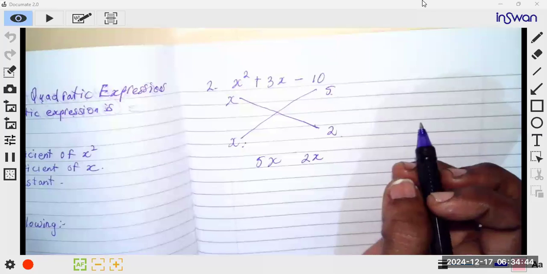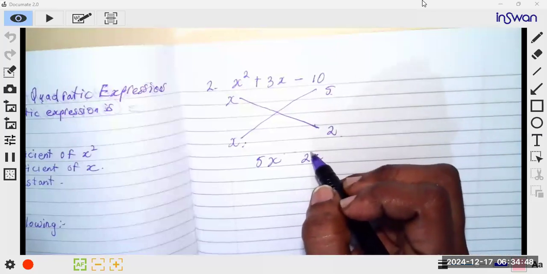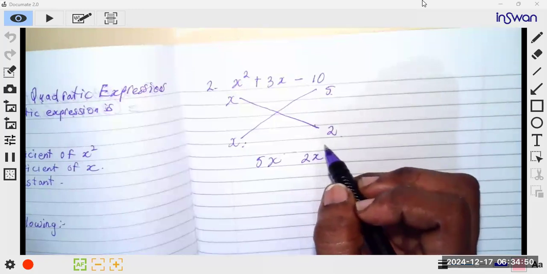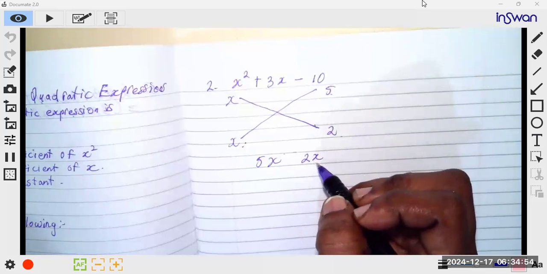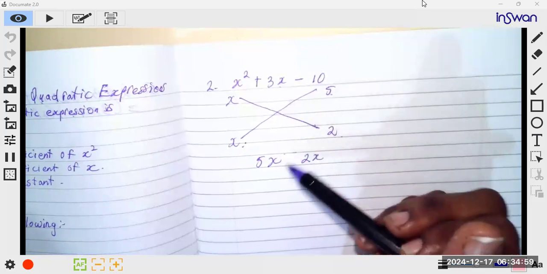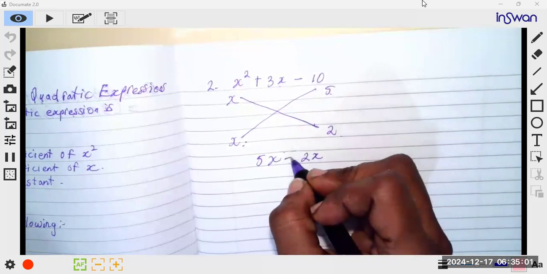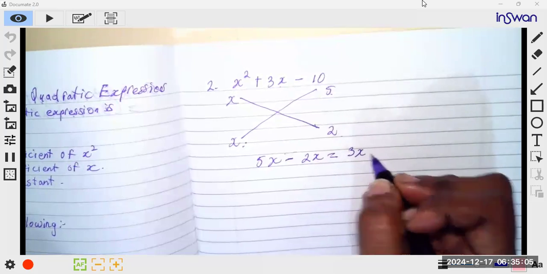Here, should we add these two factors as before, or minus it? We need to get the middle term. 5x take away 2x is equal to 3x.